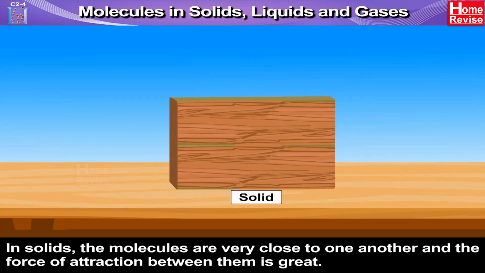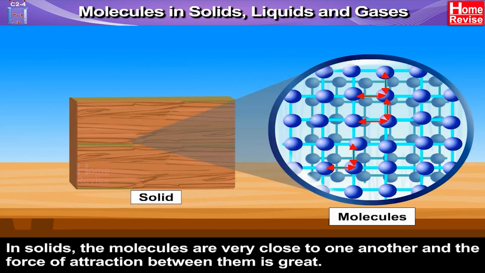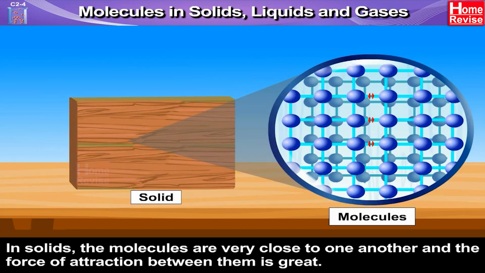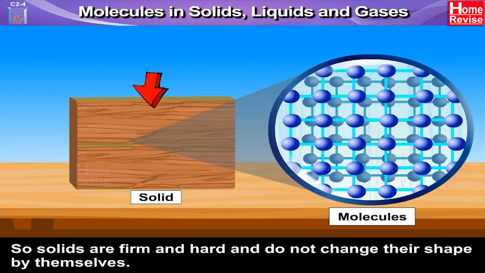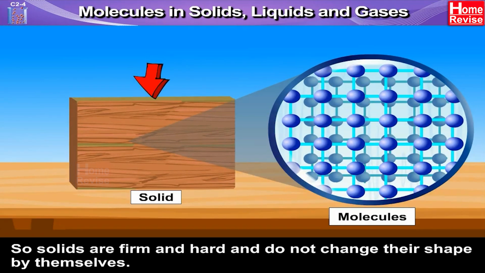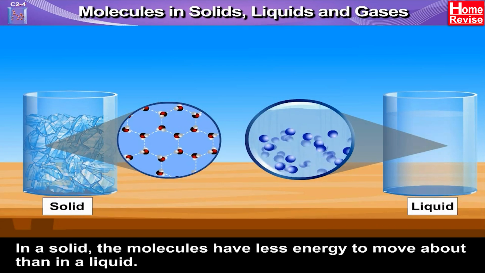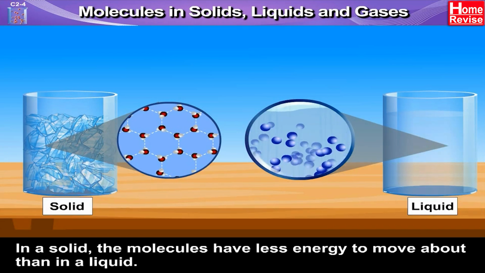Molecules in solids, liquids, and gases. In solids, the molecules are very close to one another, and the force of attraction between them is great. So solids are firm and hard and do not change their shape by themselves. Now, in a solid, the molecules have less energy to move about than in a liquid.